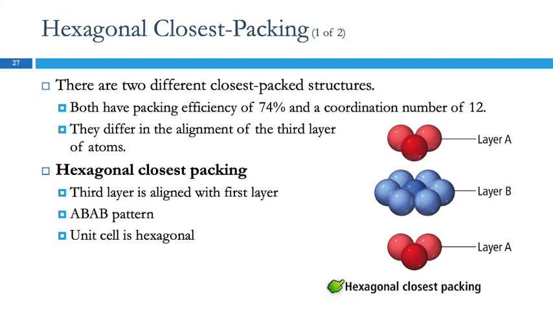What's called hexagonal closest packed, you've got layer A, layer B, and then layer A is directly in line with the first layer. The third layer exactly lines up. So that's called an AB-AB pattern, and that gives you a hexagonal unit cell, which is one of those that we showed at the beginning and didn't really talk about.